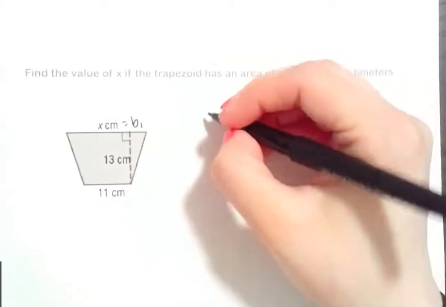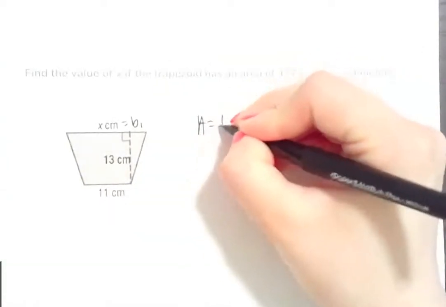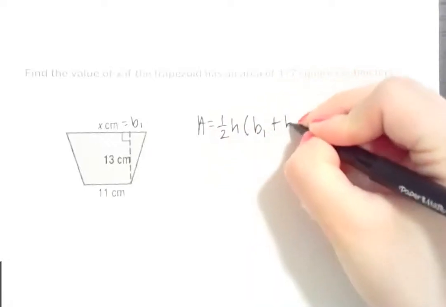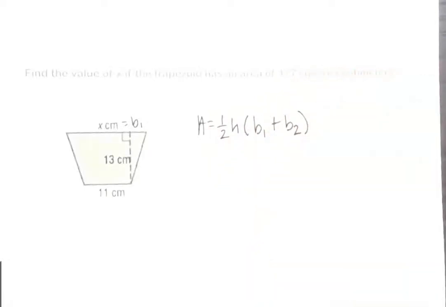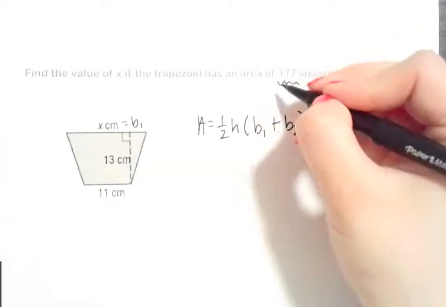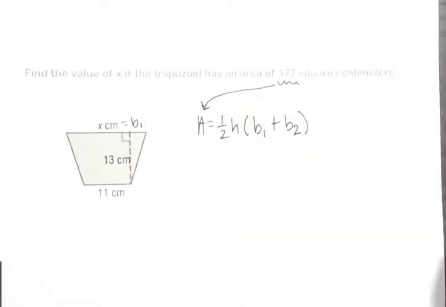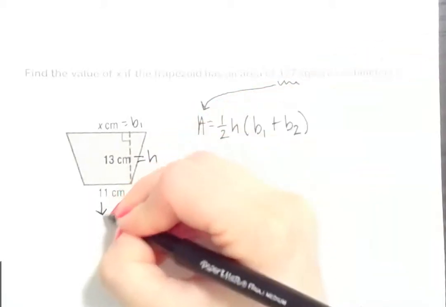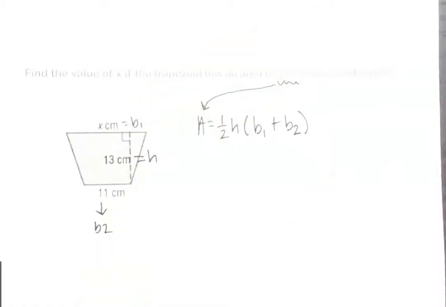So let's start with our formula. Area equals half our height times our bases added together here. We're told our area is 177, so I'm going to plug that in for A. Our height is 13, base 2 is 11, and we are looking for x.